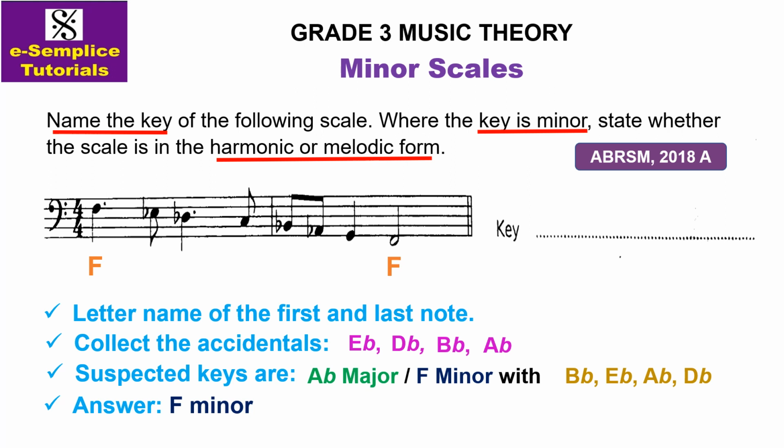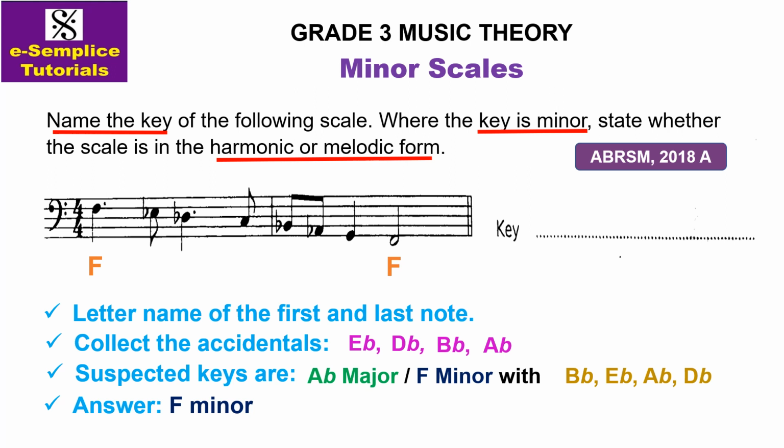The harmonic form is supposed to have the seventh note raised, and the seventh note here is E flat. So for E to still have its flat, it means it has not been raised, and that means it is definitely not the harmonic form but the melodic, because in the descending melodic scale nothing is raised.